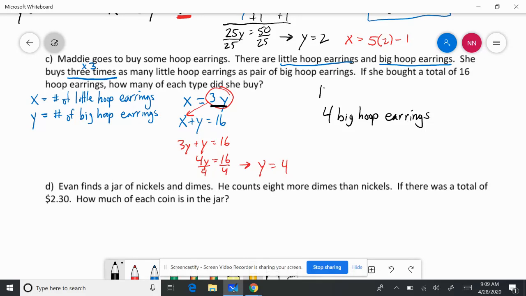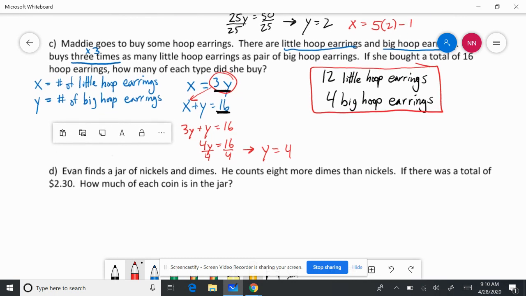What we have is 12 little hoop earrings. Now, just to make sure we did this correctly, remember our second equation, we have a total of 16. 12 plus 4 is 16, so we know we did it correctly.